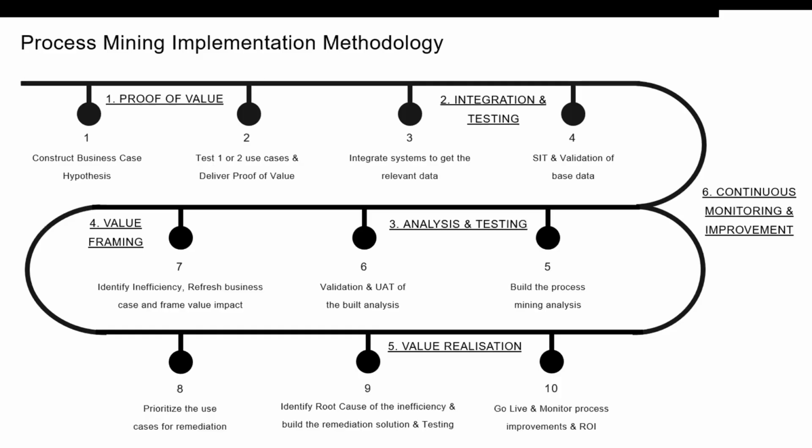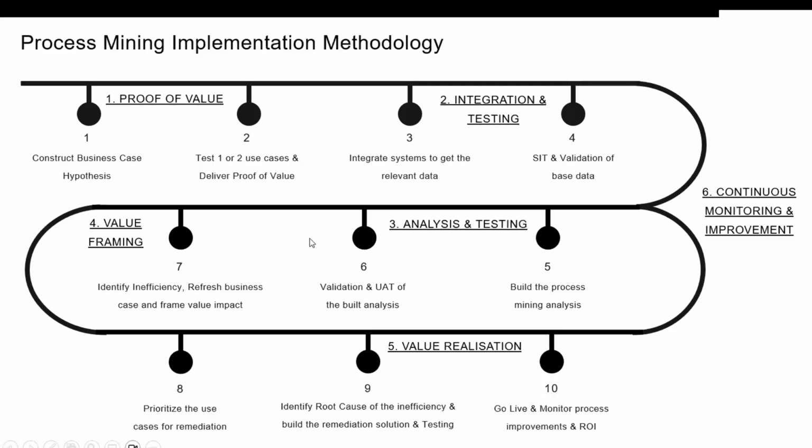And that's how we build the overall implementation methodology for any big scale process mining implementation. The proof of value is around anywhere between 3 to 4 months, and then the overall implementation, depending on the client and the governance, might take anywhere between 6 months to 1 year.